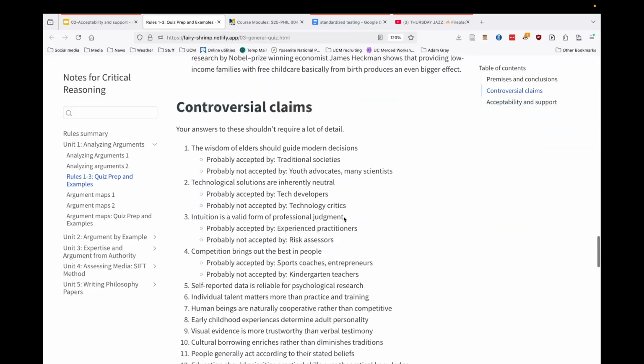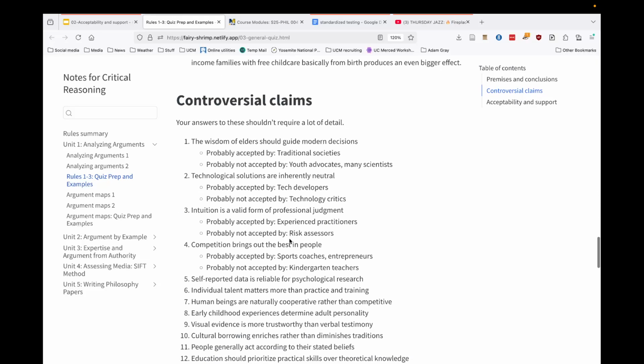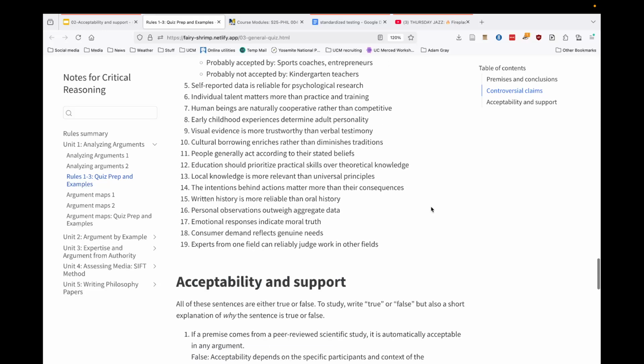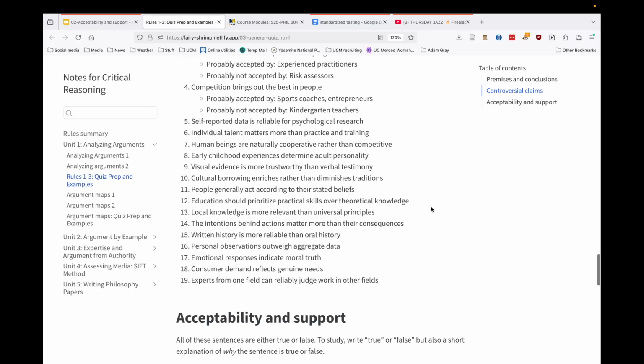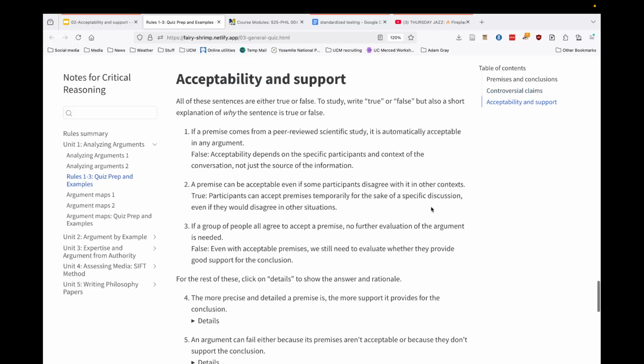And then 14 more arguments that you can practice with on your own or in your study groups or Polyphony might use in discussion tomorrow. Same thing with controversial claims. This is somebody who probably would accept it, somebody who probably would not accept it. I give you a few worked examples here, and then you have like 15 more that you can practice with. Acceptability and support.